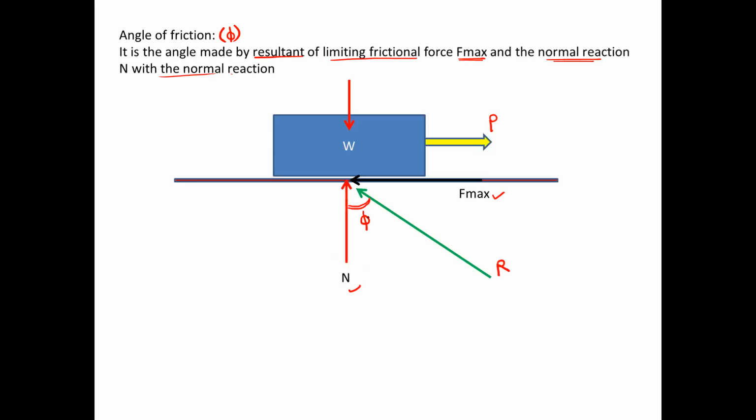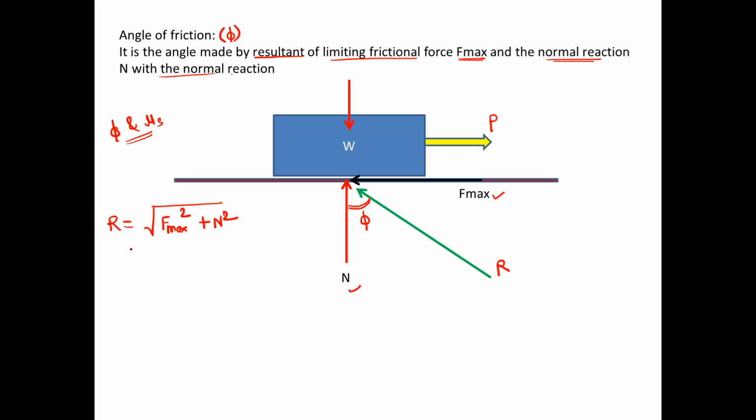So there is a relation between this angle of friction and the coefficient of friction. We have to find out that relation. Here the resultant value R we can represent: R is equal to the square root of limiting frictional force F max square plus normal reaction square, that is N square.